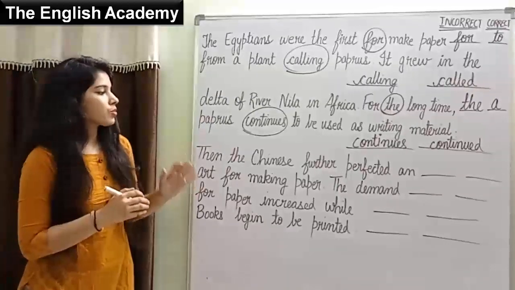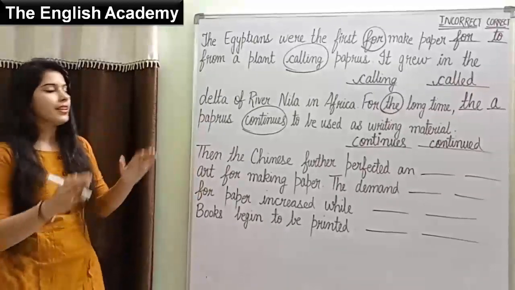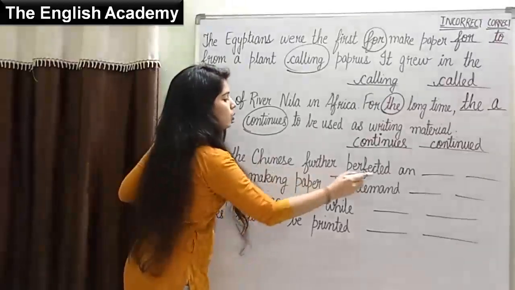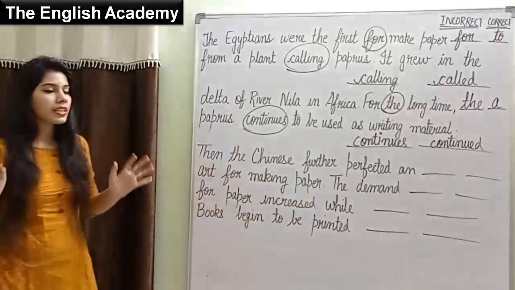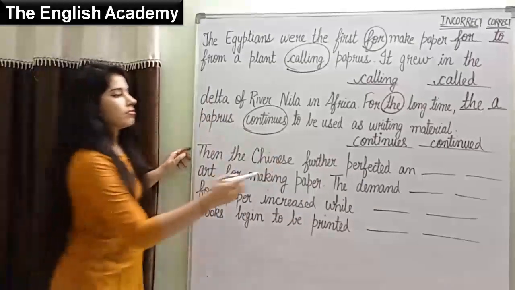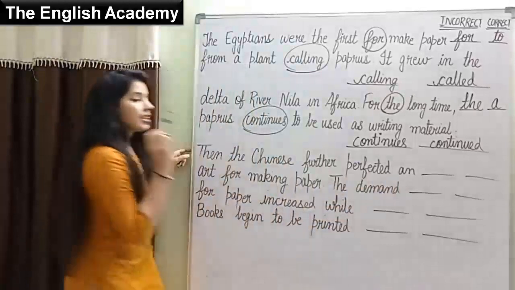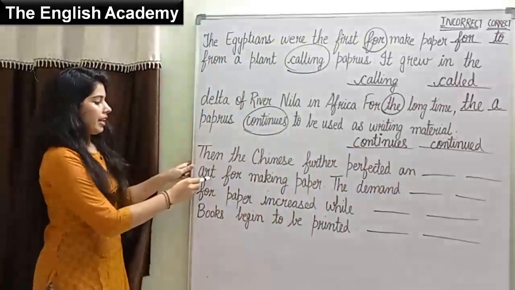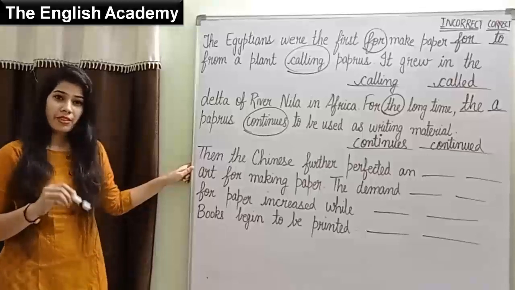Then the Chinese further perfected and ऐसे भी sentences आते हैं कि हमें realize हो यहाँ तक तो कोई गलती नहीं है. Then the Chinese further perfected. तो हम last word को देखेंगे. Last word is an. An art. Can we put an art?